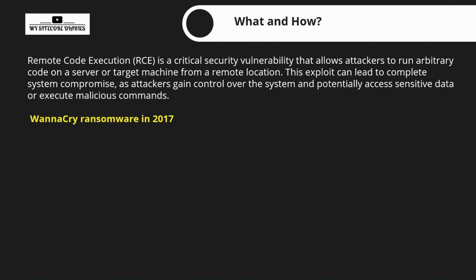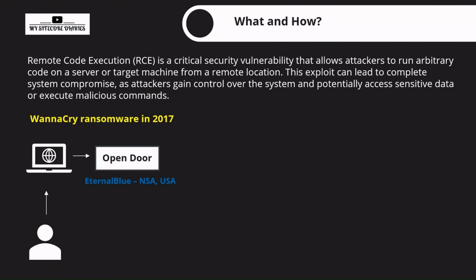Okay. So the best example of a remote code execution is the WannaCry ransomware in 2017. On May 12, 2017, this WannaCry ransomware attacked almost 230k computers in more than 150 countries. How it happened is there's something called an open door, which is finding a weakness in your system.